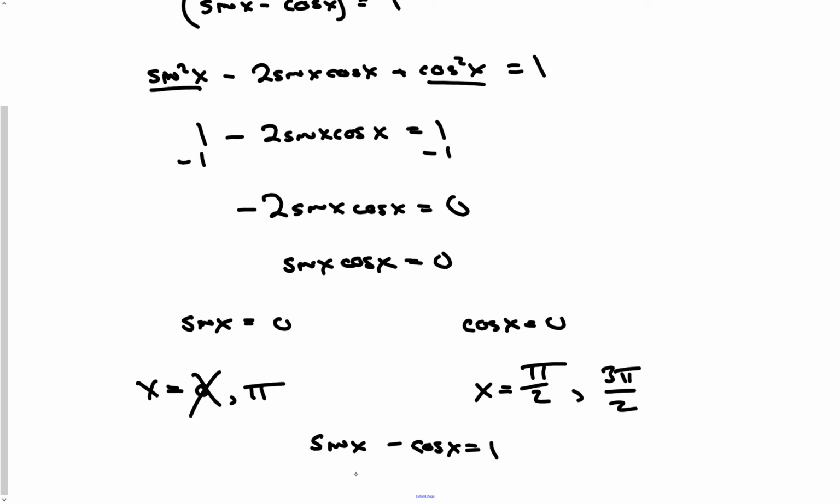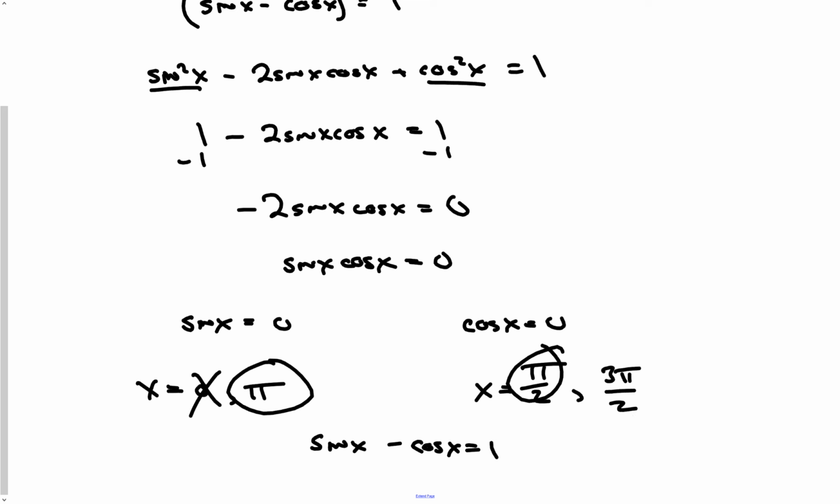Pi. Okay. The sine of pi is 0. The cosine of pi is -1. 0 minus -1 works. Okay. Pi over 2. The sine of pi over 2 is 1. The cosine of pi over 2 is 0. That works. 3 pi over 2, however, the sine of 3 pi over 2 is -1.